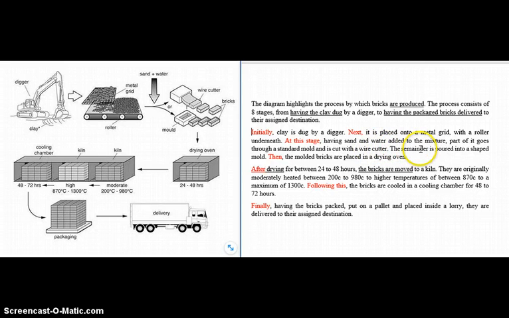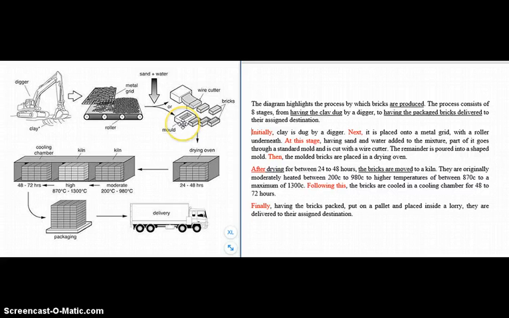The remainder, so whatever's left, is poured into a shaped mold. So now I'm talking about this mold here. Now, as IELTS students, we're not expected to know that this, for example, is a frogged mold and then this is a standard mold. We're not supposed to know these specialized key vocabulary terms.